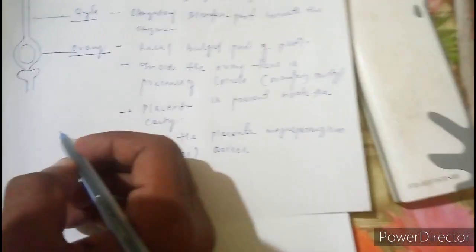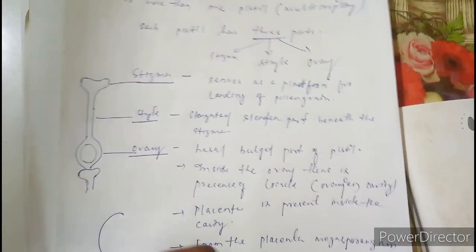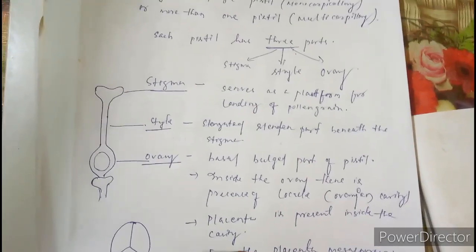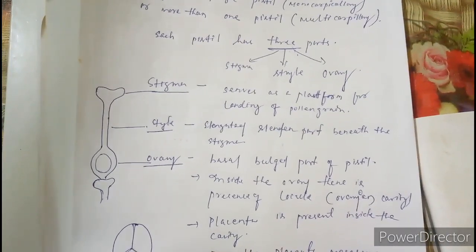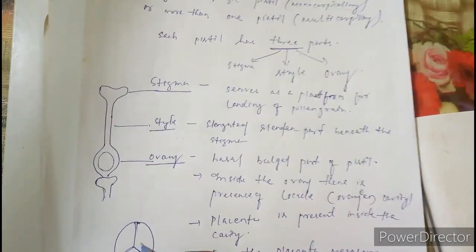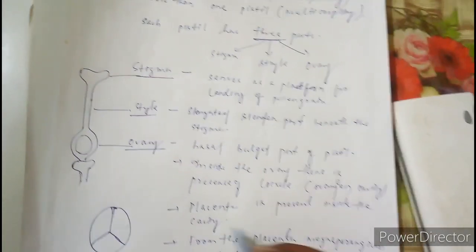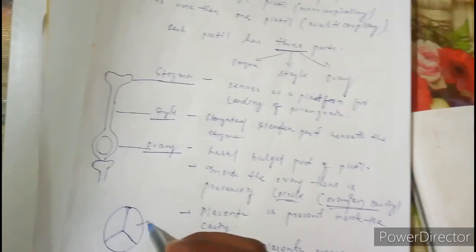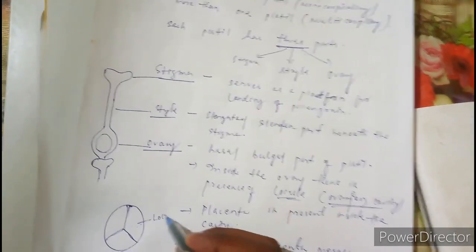Now try to draw the ovary structure. This is a trilocular ovary. These are the locules, or ovarian cavities.